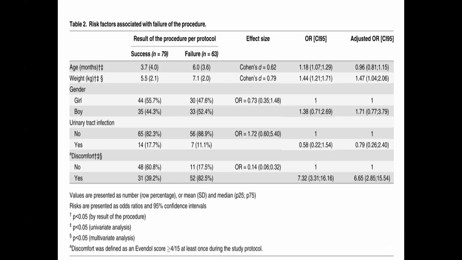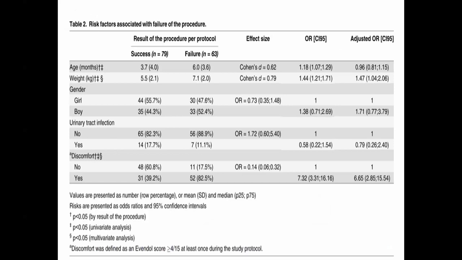The younger you are, the more likely you are to be successful at this procedure versus the older you are. And the odds ratio for age did not cross through 1, making it quite significant. And then when you adjusted for gender and urinary tract infection, the significance went down a little bit.